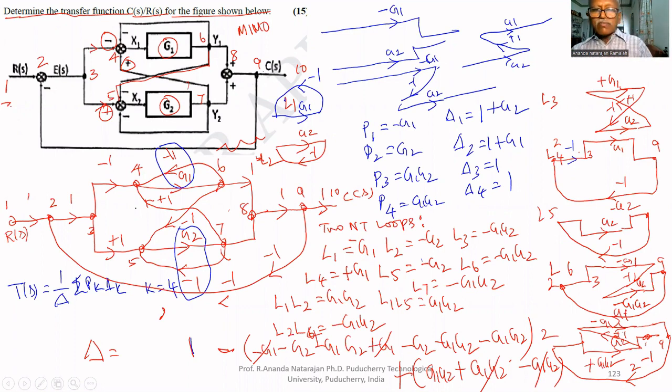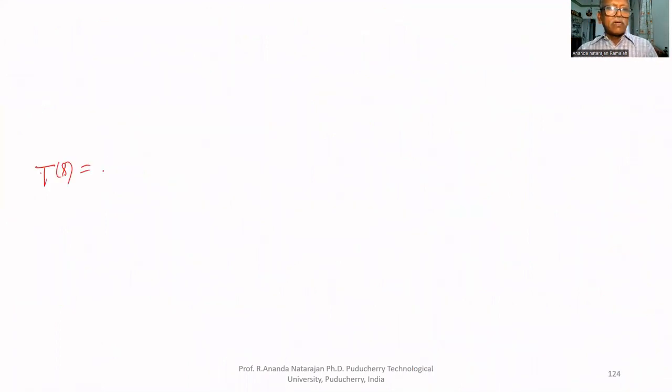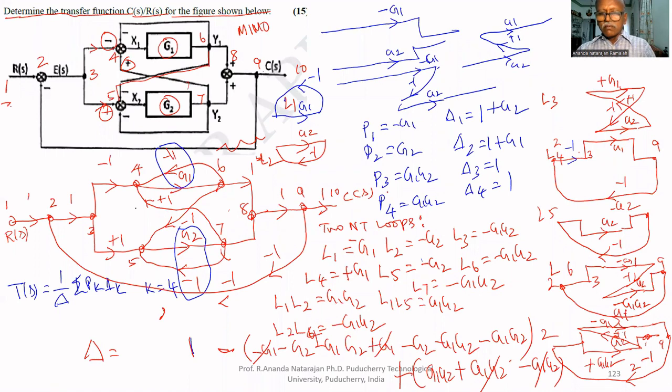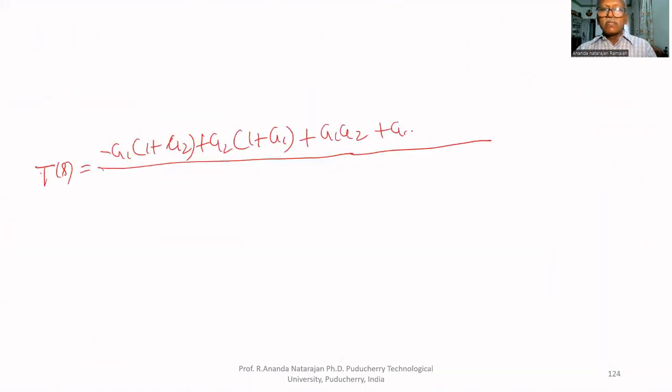Therefore, the overall transfer function has the numerator minus G1 (1 plus G2) plus G2 (1 plus G1) plus G1 G2 plus G1 G2 plus G1 G2.